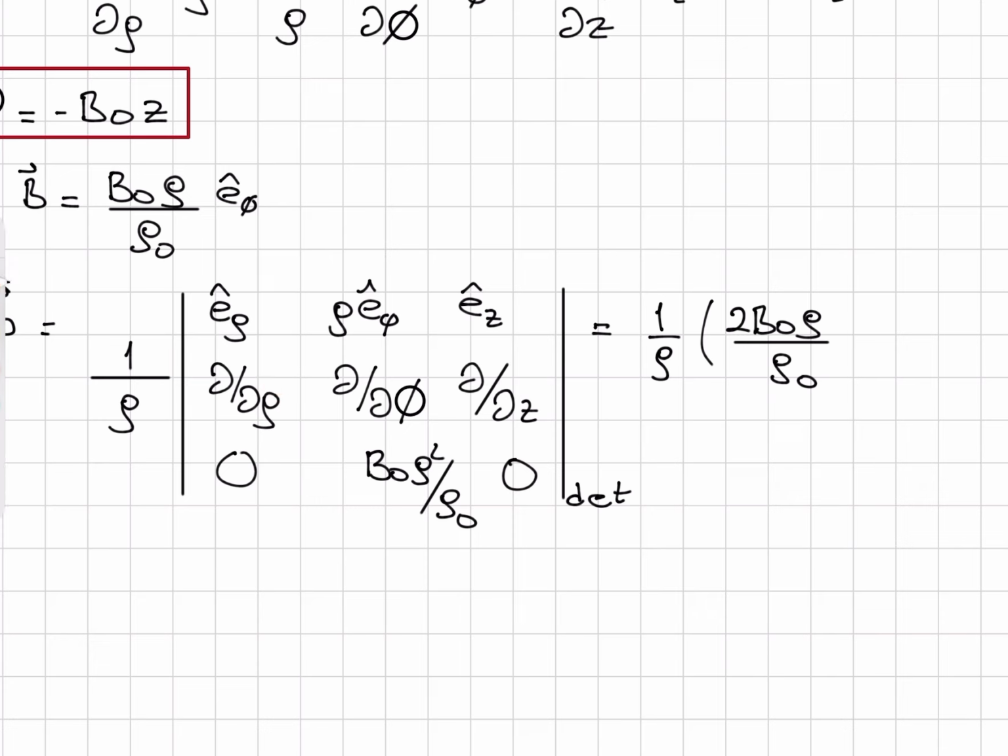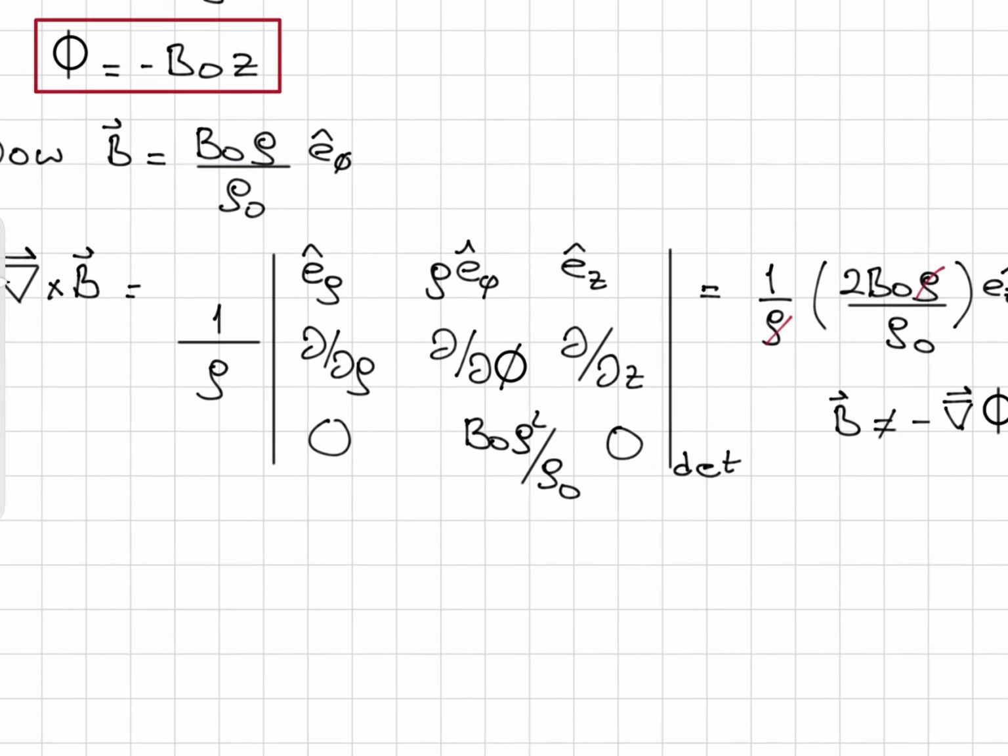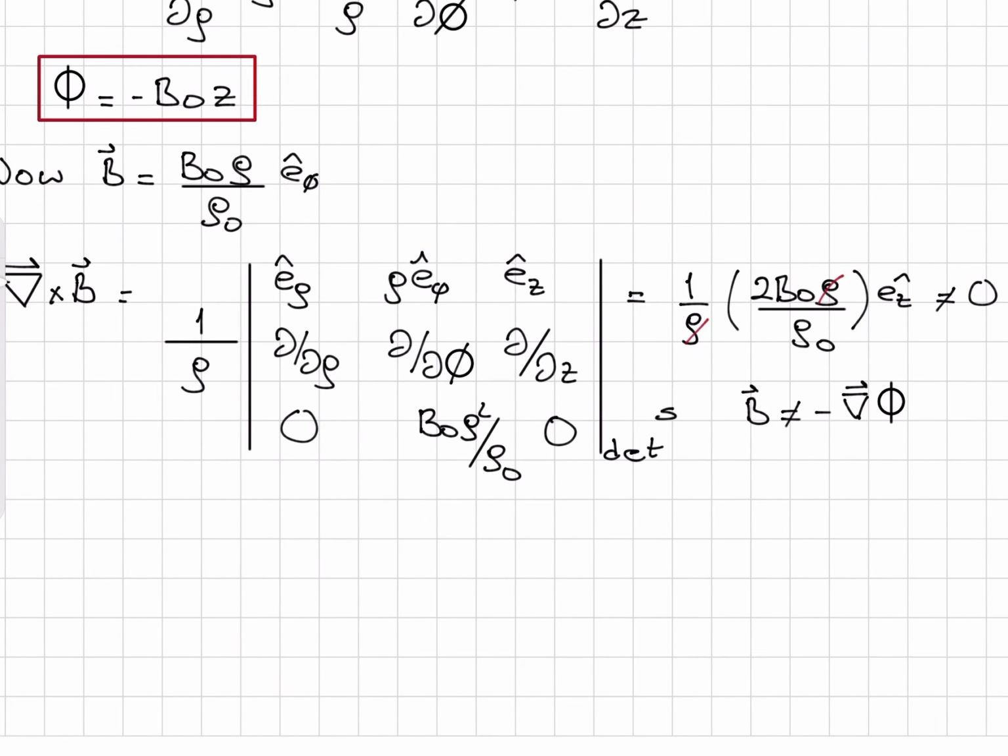This would give me e z hat, and the rho's would cancel here, and I'm getting a non-zero answer. This is non-zero. Therefore, the magnetic field cannot be written as minus the gradient of a scalar function, because the curl of a gradient is 0. All right, so we find this result.